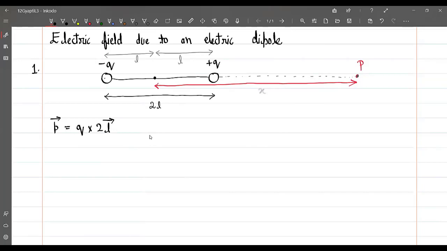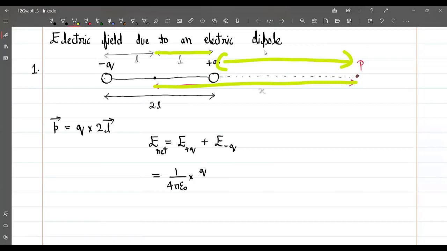See, net electric field, we can write it as electric field due to plus Q plus electric field due to minus Q. So electric field due to plus Q, if we calculate, we can write this as 1 by 4 pi epsilon naught, charge Q, and see distance of point P from Q: total distance is x, this much distance is L, so this much distance will be x minus L. So I'll write this as kQ upon x minus L whole square.